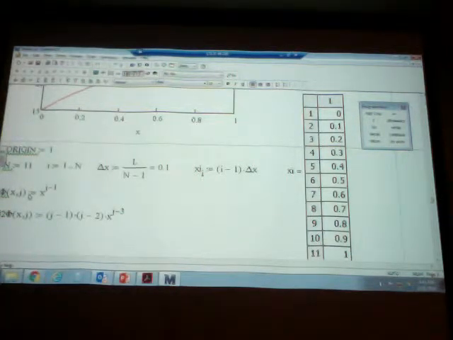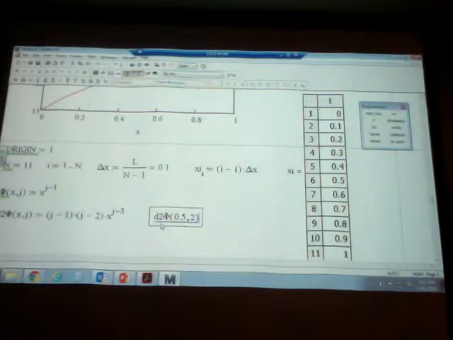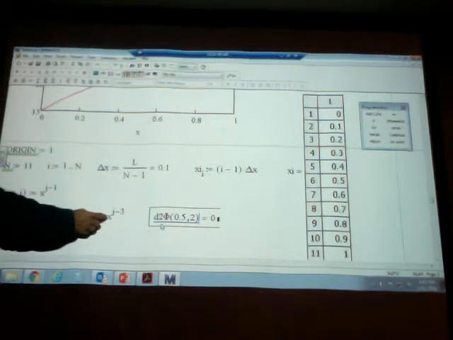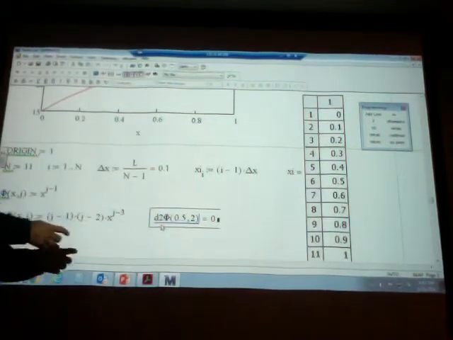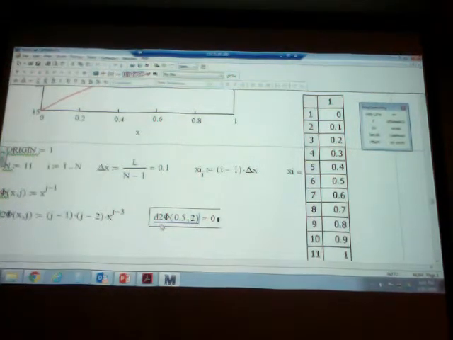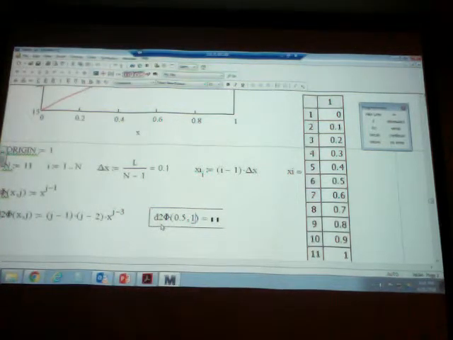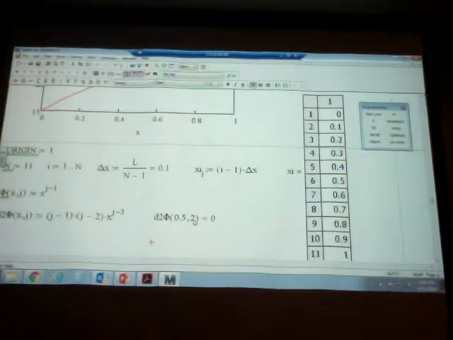Give me d2f at x equals 0.5, comma 2. When j is equal to 2, I should get 0, and it's fine. Even though this is 1 over x, this term goes to 2. However, if I want to check when j is equal to 0, when j is equal to 1, well, it worked out. It knows how to solve the limit. So we might not need anything after all.